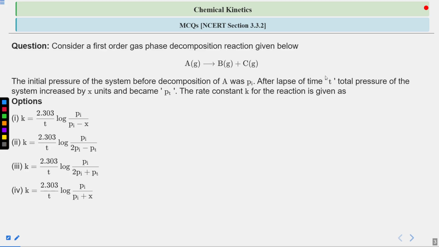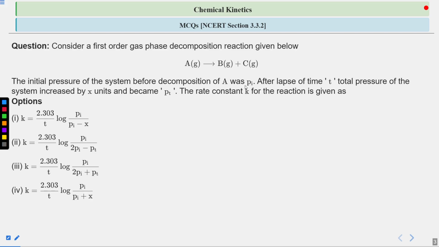Now after the lapse of time t, the total pressure of that system increased by x units and became Pt.